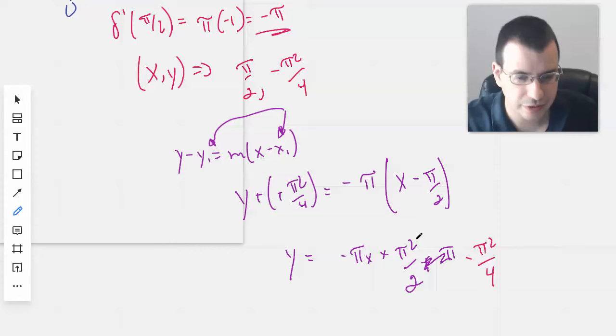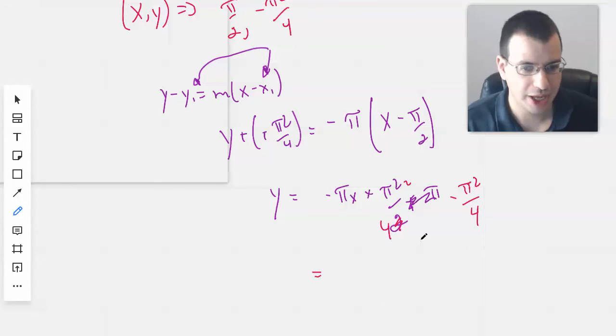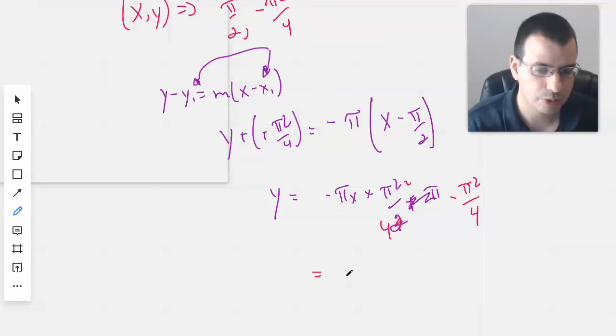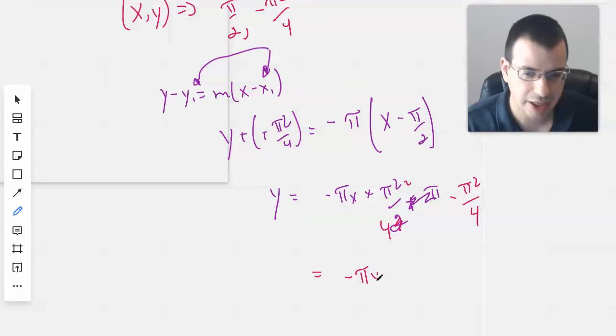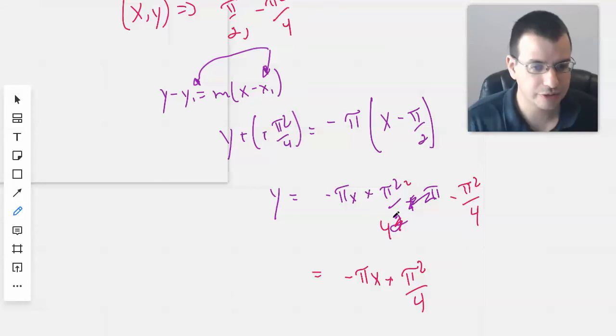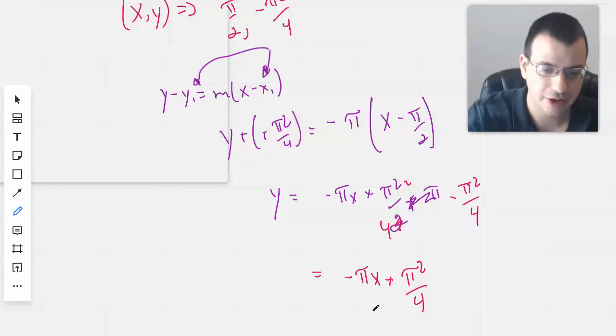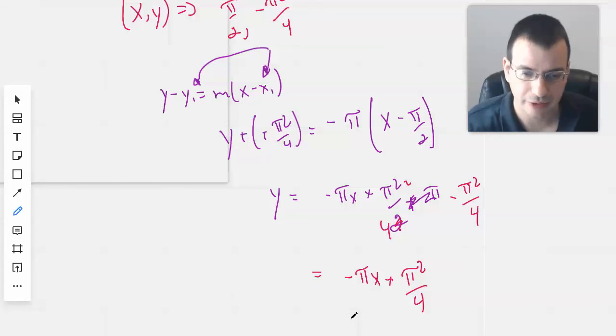So this over here, I'm going to multiply by 2 over 2, and this will give us 2 pi squared over 4. And the end result, when we add these together, would be negative pi x plus pi squared over 4, because we have 2 pi squared over 4 here, take off 1 pi squared over 4, and we're left with only 1 pi squared over 4.